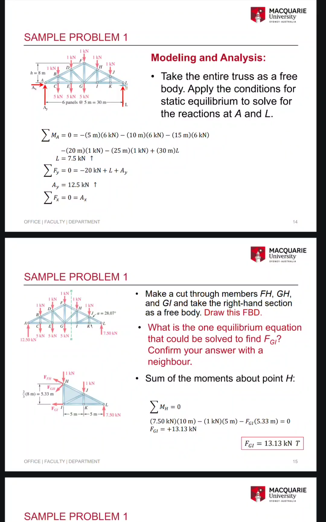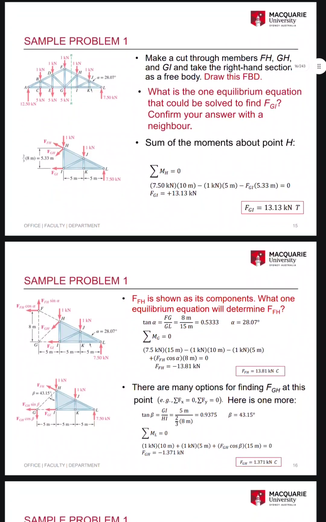So perpendicular, 5.33. Mm, 5.33. Alright. Goes here. Then we get FGI.